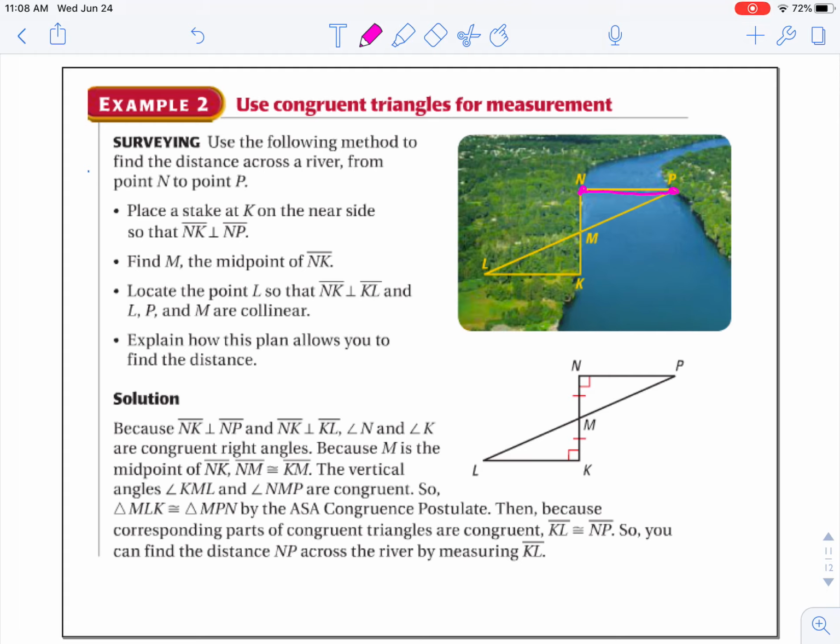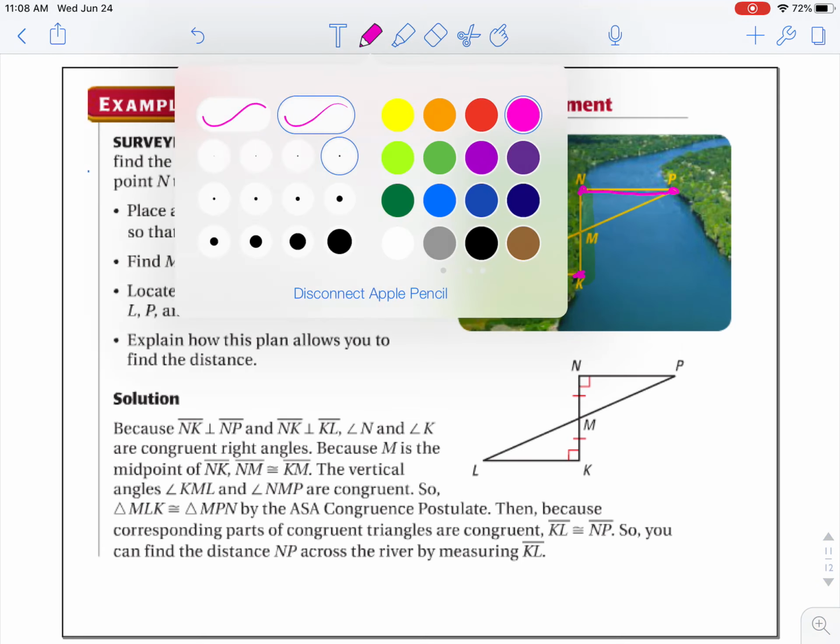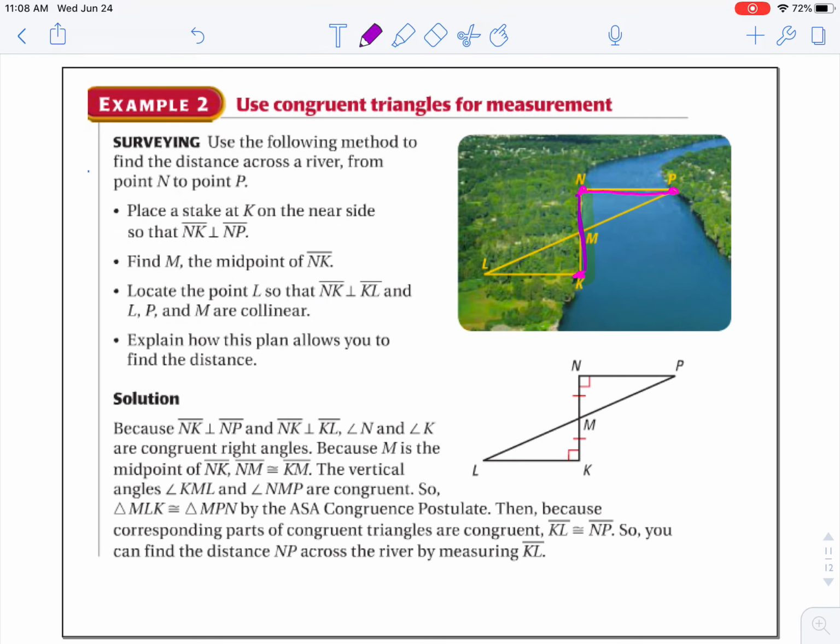But we can place a stake at point K right here, and make sure that segment NK is perpendicular to NP. Then we can find the midpoint, which is easy enough to do because we're on the same side of the river, and that makes those two pieces congruent.